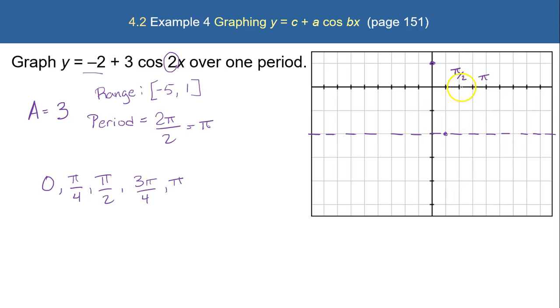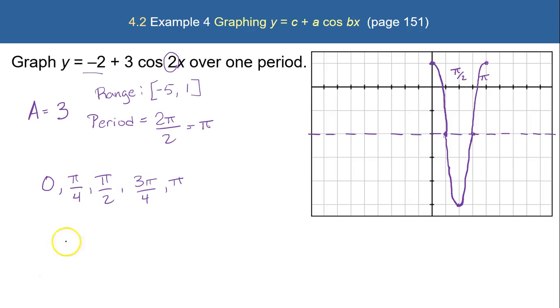And then for pi over 2, we will get the value of -5. And then for 3 pi over 4, we're back here at -2. And then at pi, back up at 1. Okay, so let's draw the wave through those 5 points.